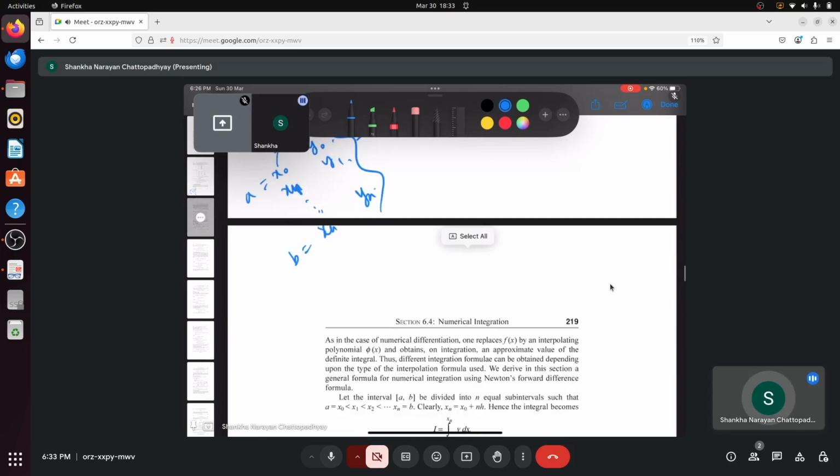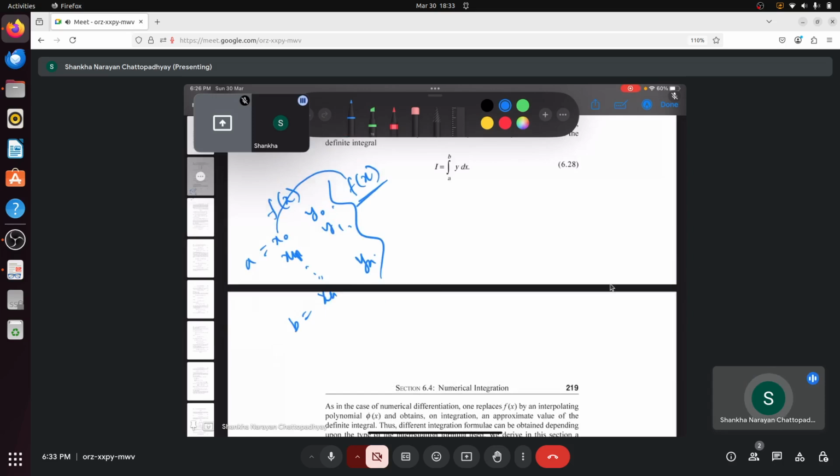So you can easily have these relations x0, y0, x1, y1, xn, yn. Now what you will do, you will approximate f(x) using Newton's forward interpolation formula.